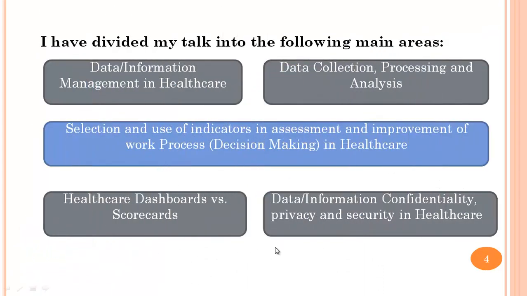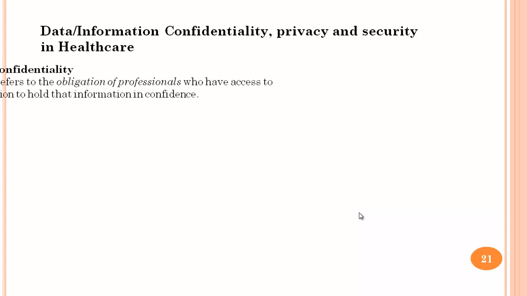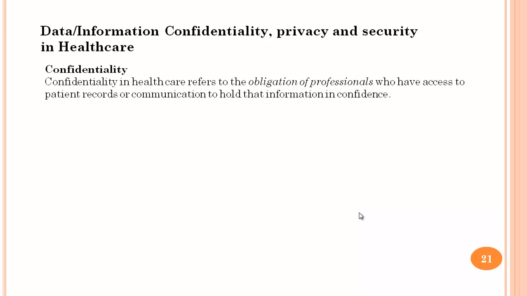Now we'll move to our last topic: data information, confidentiality, privacy and security in healthcare. Confidentiality in healthcare refers to the obligation of professionals who have access to patient records or communication to hold that information in confidence.